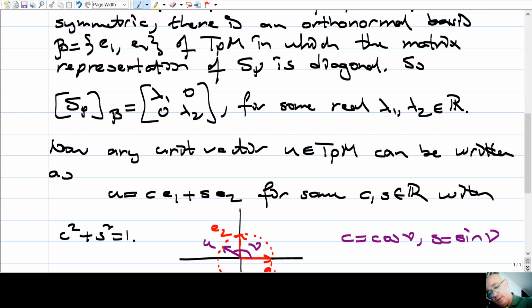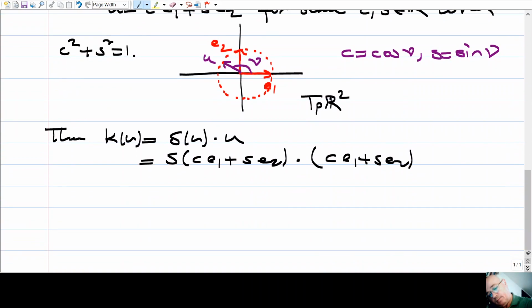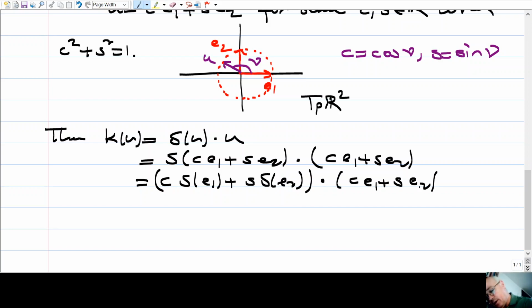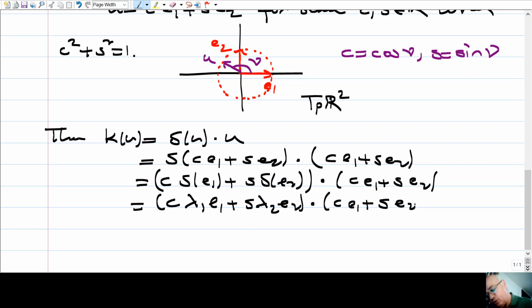Since it is a linear operator, this is C times S of E1 plus S times S of E2, which is lambda 1 times E1 and lambda 2 times E2, dot product C E1 plus S E2.